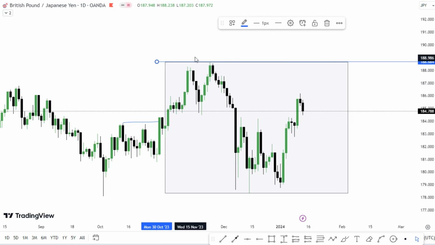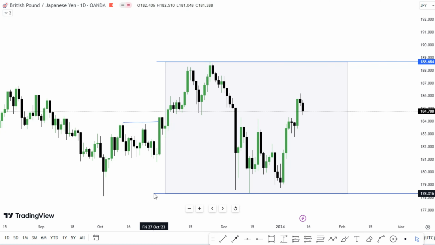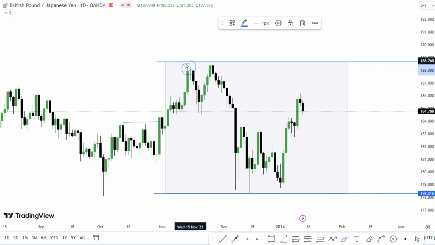supply areas around those areas there, and we have this demand zone around these areas. So we have two zones: the supply zone and the demand zone. When the market reached the supply zone, it created the chart pattern we call a double top. This is the first tap and this is the second tap.